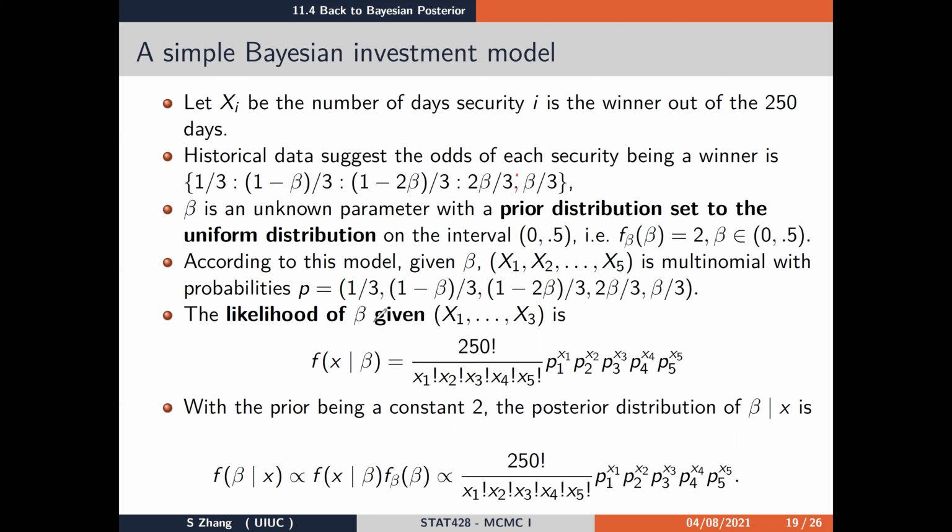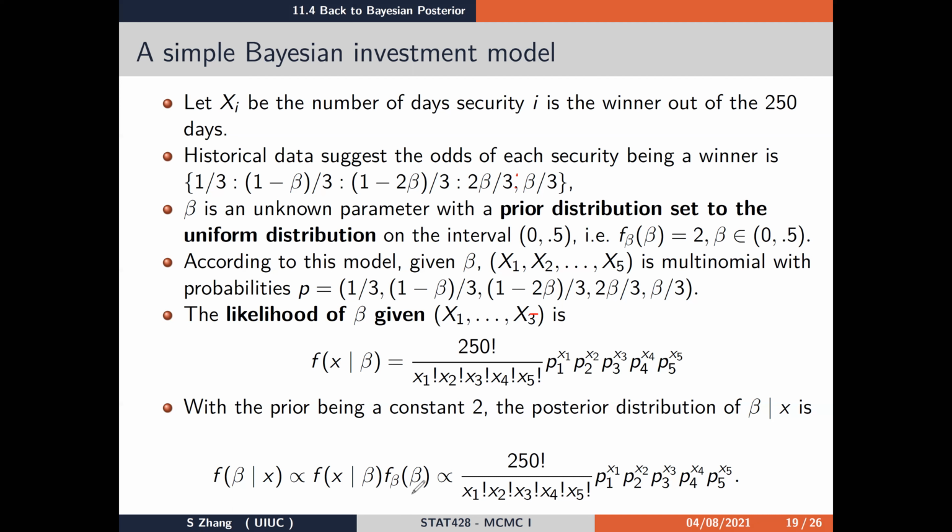And the likelihood of beta given x1 to x5 is equal to f(x given beta), which is the multinomial probability: 250 factorial divided by x1 factorial times x2 factorial times x3 factorial times x4 factorial times x5 factorial, times the product of p_i raised to the x_i power. Because our prior is the uniform density, and that's a constant too, the posterior distribution of beta given our observed x's, f(beta given x), is proportional to the likelihood times the prior, which is 2.